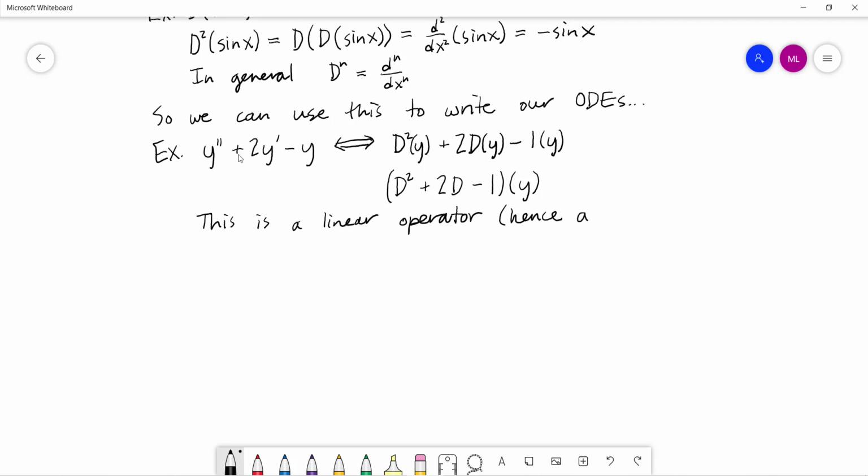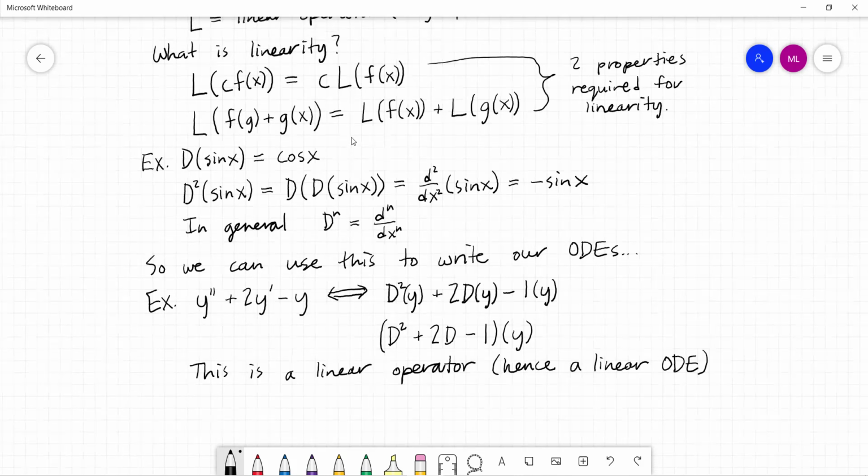Hence, if I set this equal to 0 or some constant, we'd have a linear ODE. And it's because we can satisfy these two properties up here.